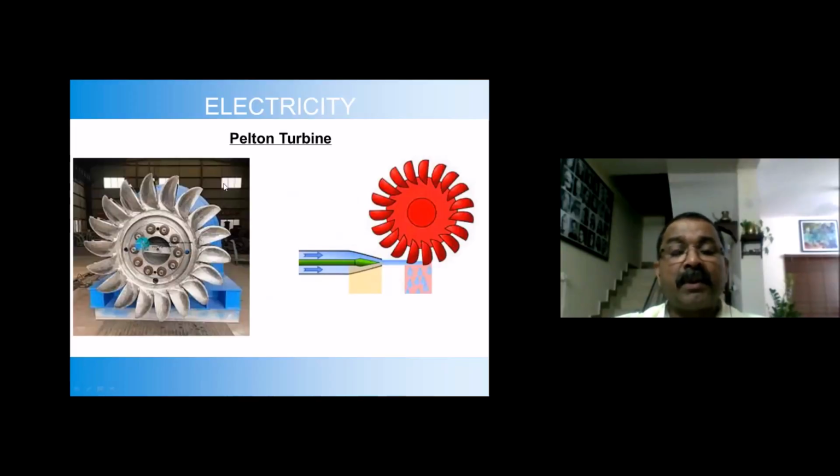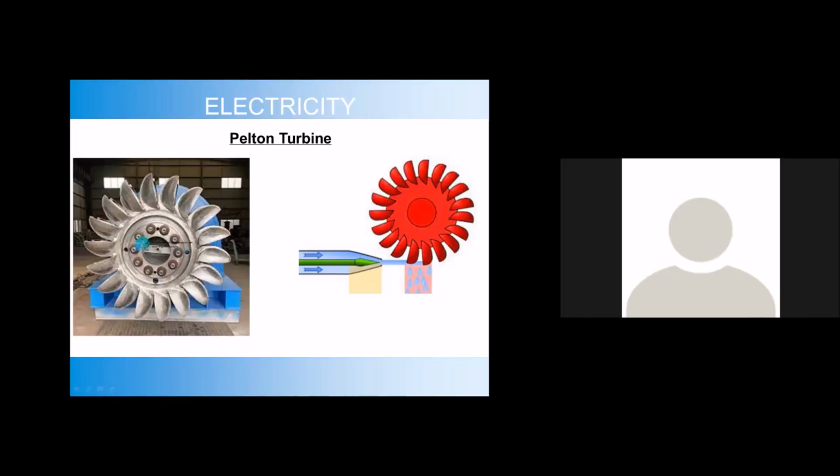Such a turbine is called a Pelton turbine, which has bucket-like arrangements. We force water onto these buckets so that it starts rotating.